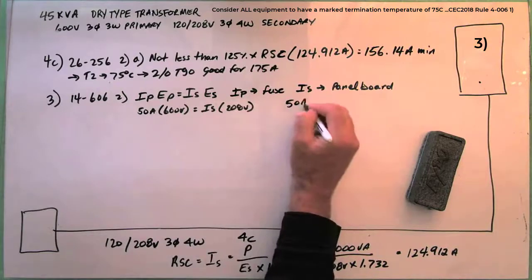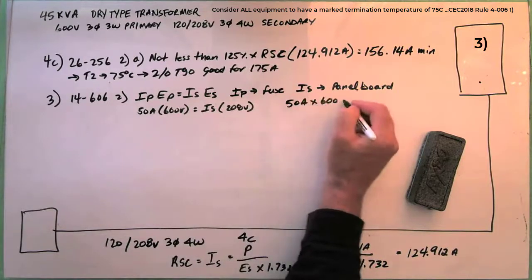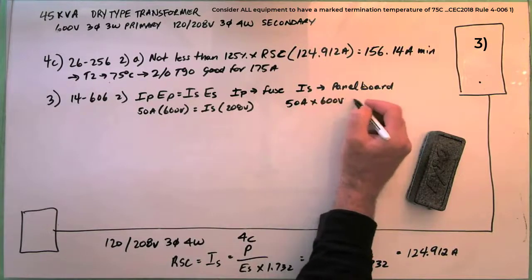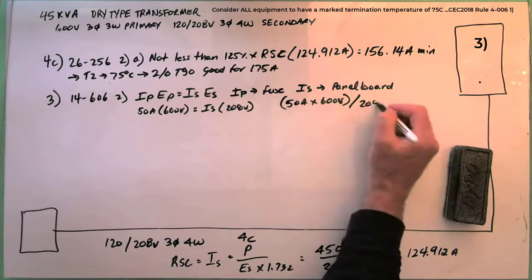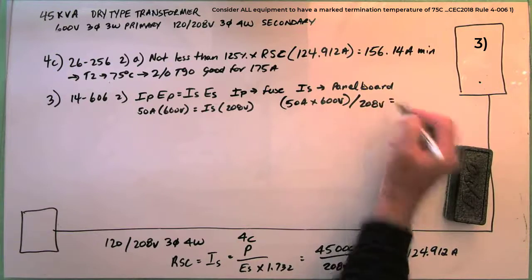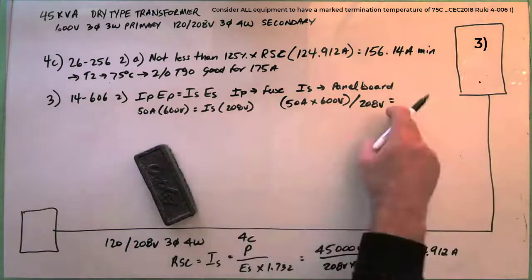It's going to be 50 times 600 divided by 208 volt equals my minimum panel board.